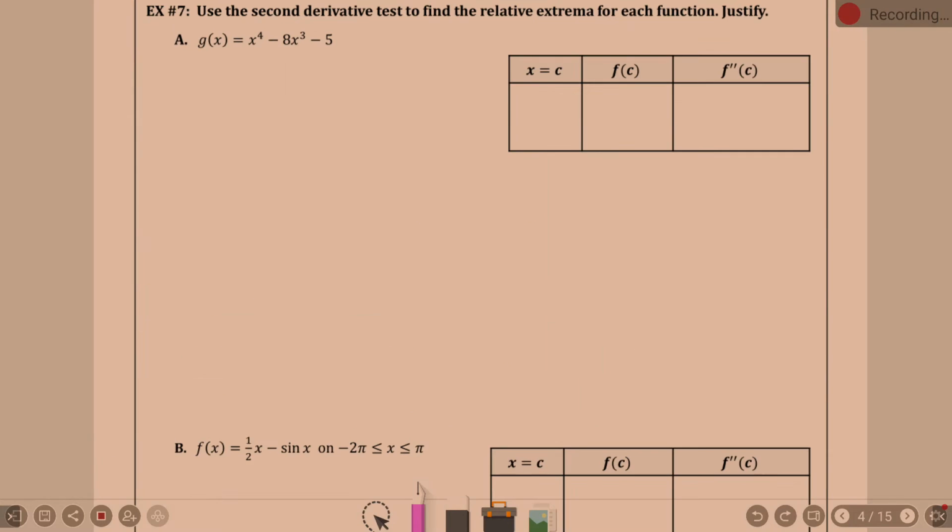Okay. 7. Let's demonstrate second derivative test here. Actually, okay, we can do debate. I think I might just do 7a or 7b. How do you feel about, should we do the trig one or the non-trig one?